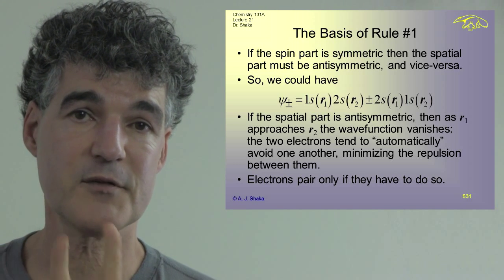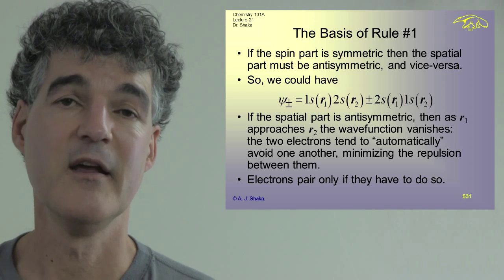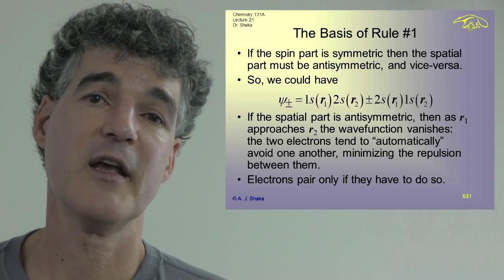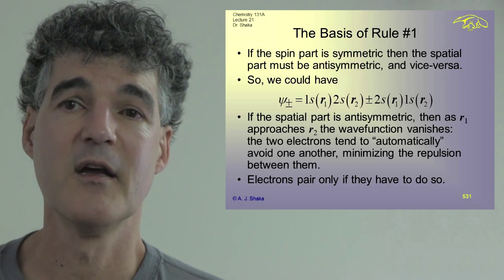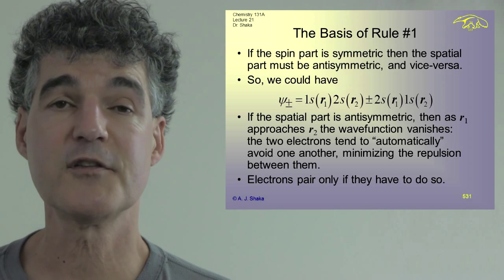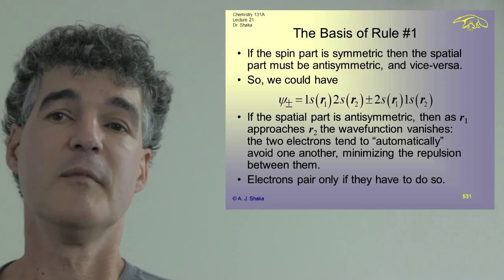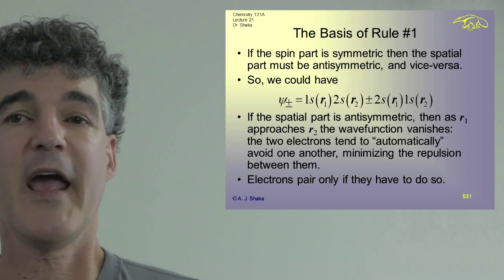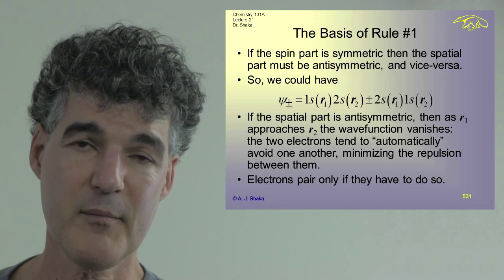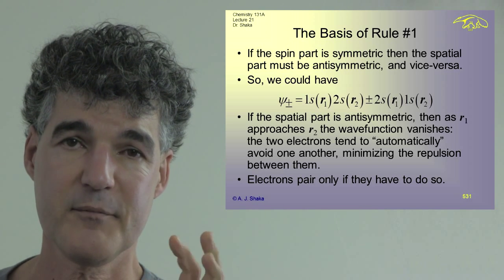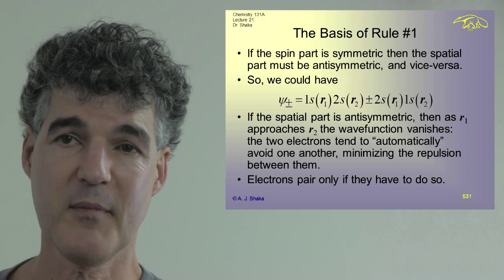Because if, when I swap these two, nothing changed sign, then the space part has to be anti-symmetric, and vice versa. Therefore, we could have two combinations here, psi plus and psi minus.